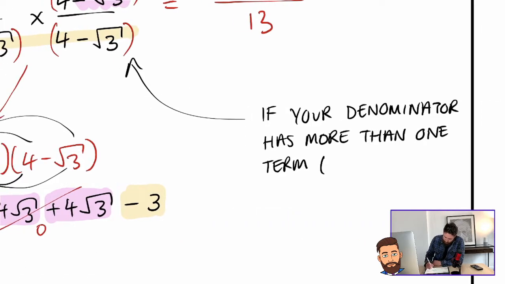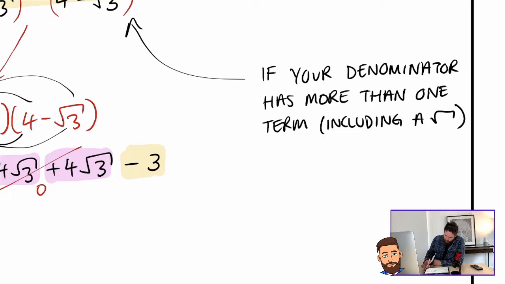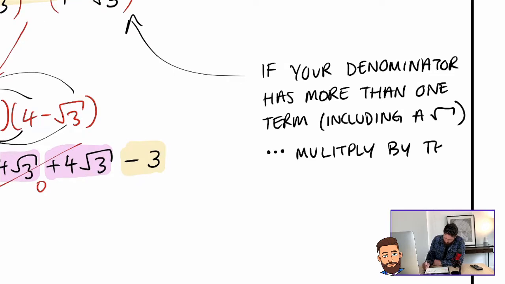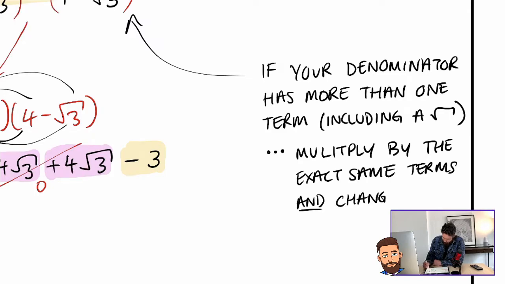It's more than one term, including a square root, including a surd, because the goal is to get rid of the surd. If it has more than one term, including a surd, multiply by the exact same terms and change the sign. Okay, so that is the goal.